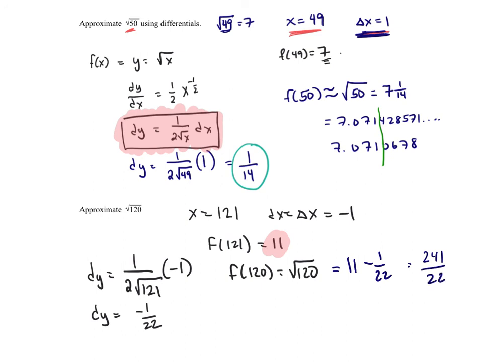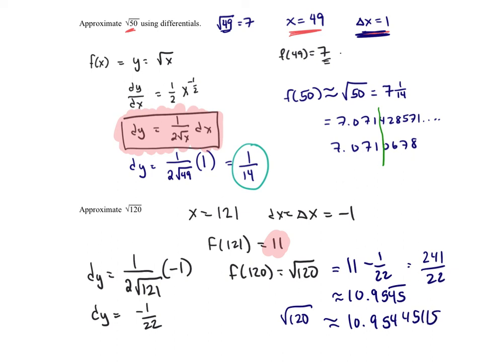Now, how close did I get? Well, 241 over 22 gives me about 10.9545 repeating. And the actual square root of 120, if I put that in the calculator, I'm getting 10.954451115.